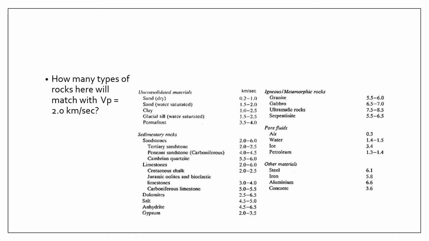So you can see here that seismic velocity alone will not give you a clear answer of what rock type you have when you're just given the compression wave velocity. And this is the problem that applies to almost all geophysical methods.